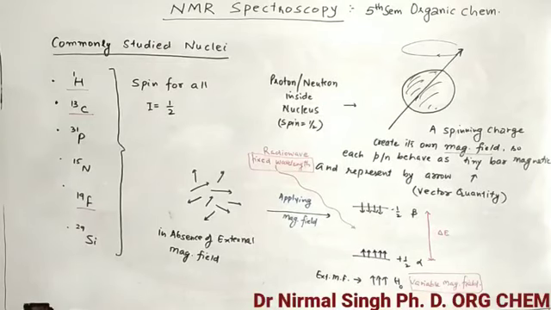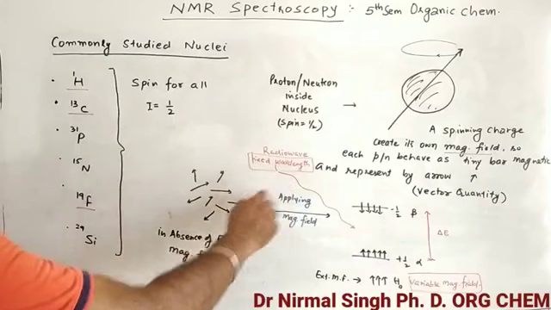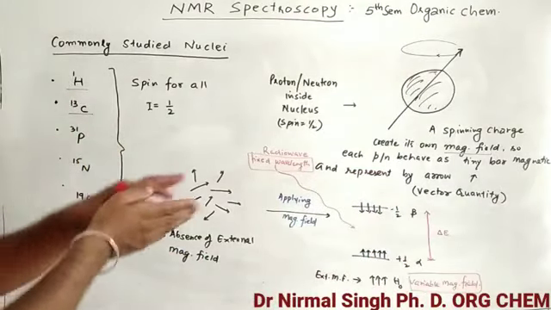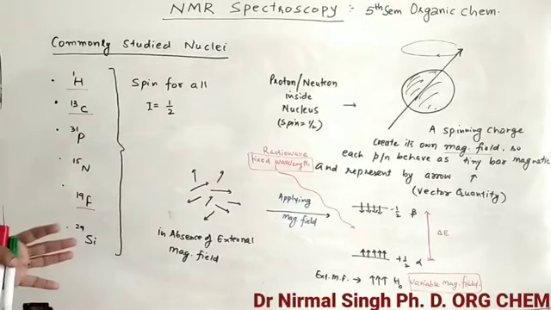Simultaneously, we strike radio wave light on the matter. Now, this is our matter having two states, alpha and beta. Simultaneously, we are applying light and an external magnetic field.